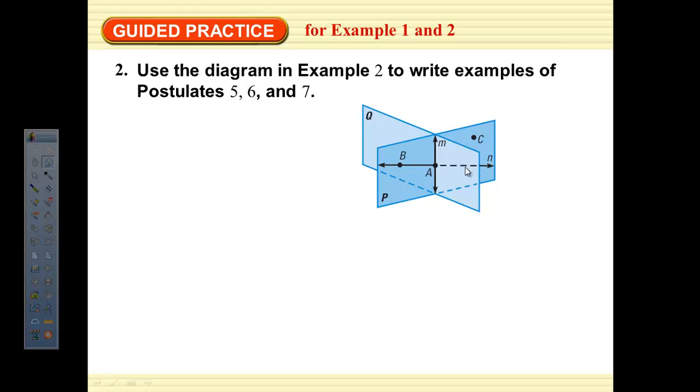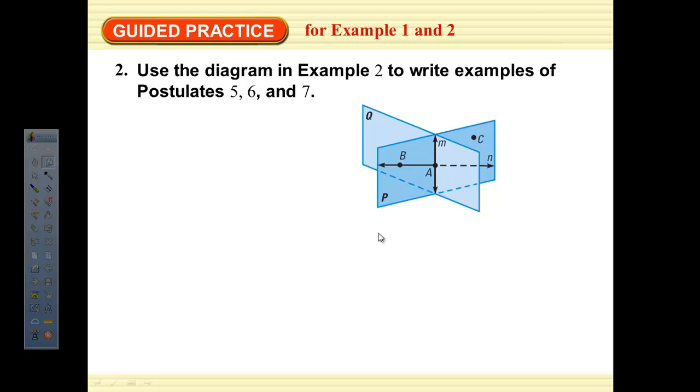If we look at 6, it's almost the same thing. This would be line N contains at least 2 points. So in this particular case, line N contains points A and B. And postulate 7 says if two lines intersect, their intersection is exactly 1 point. If we look, we have a line N and a line M, and they intersect at A.